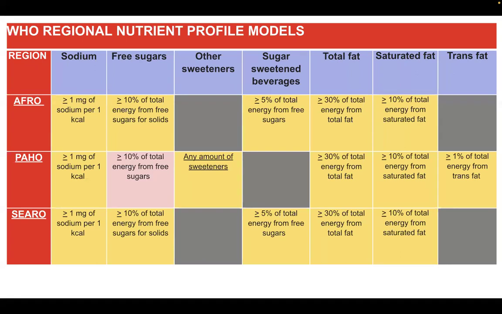CIARO and AFRO do divide solids and liquids, but establish a stricter standard than PAHO, especially for free sugars in beverages, with a 5% limit of total energy. With this table, and based on these comparisons and the lessons learned from Chile and Mexico's improvements, we have discussed with global partners and different organizations what the best model and highest standards for the nutrient profile model are. Next slide, please.